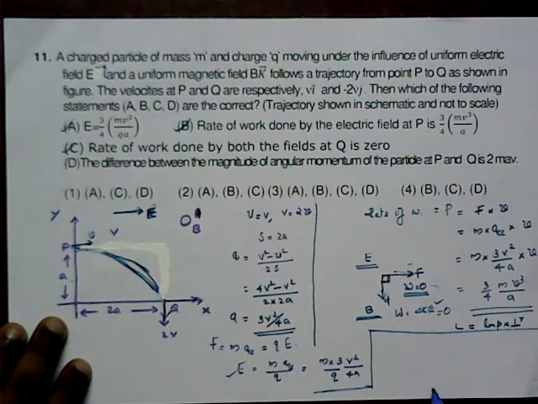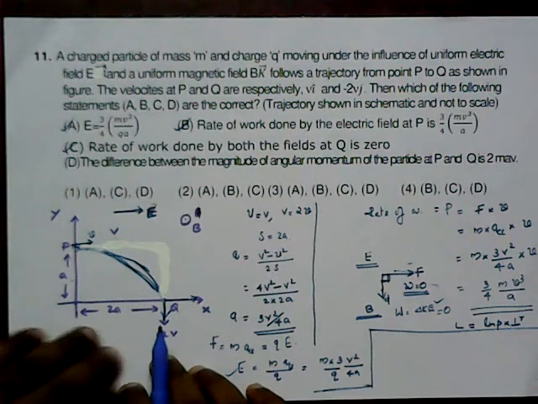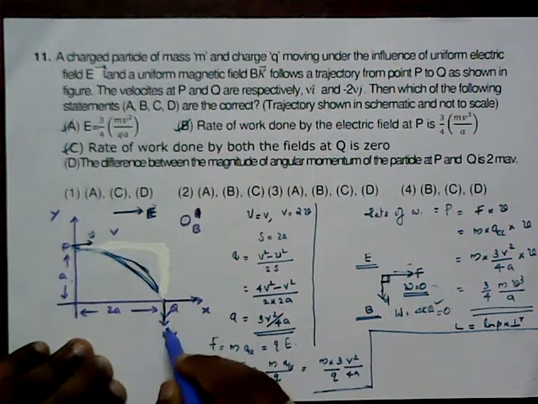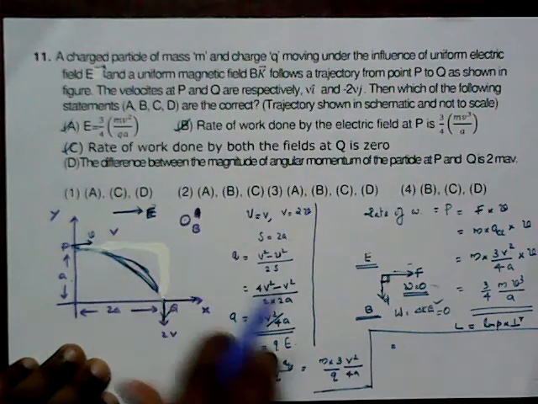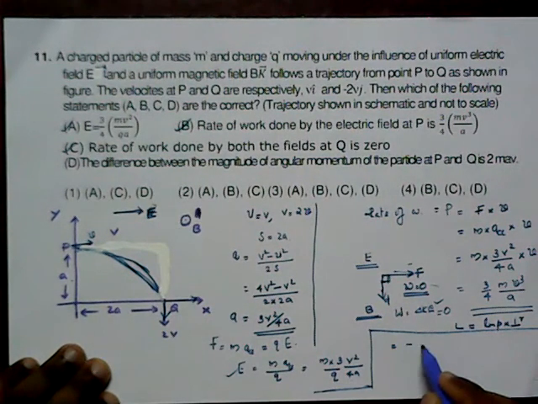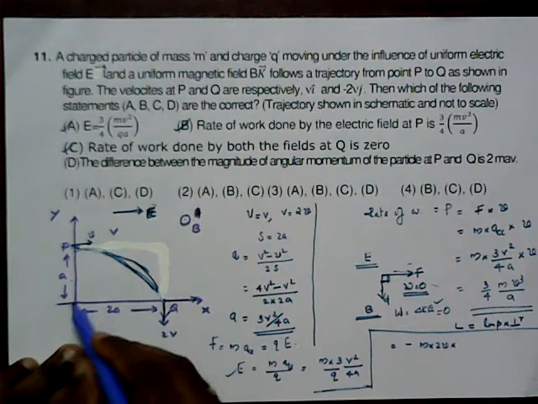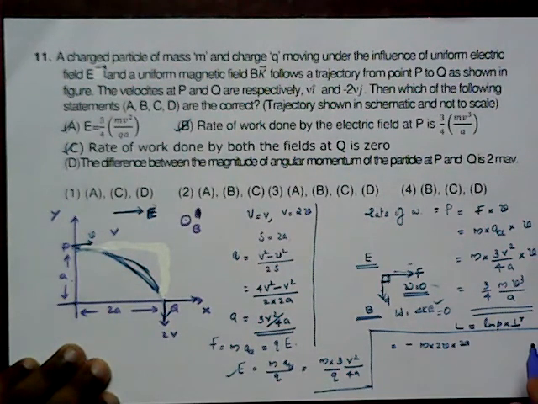At the final point, it is minus the linear momentum m into the velocity 2v, into the perpendicular separation between the line of action and the axis, that is 2a. So that is a very important concept.